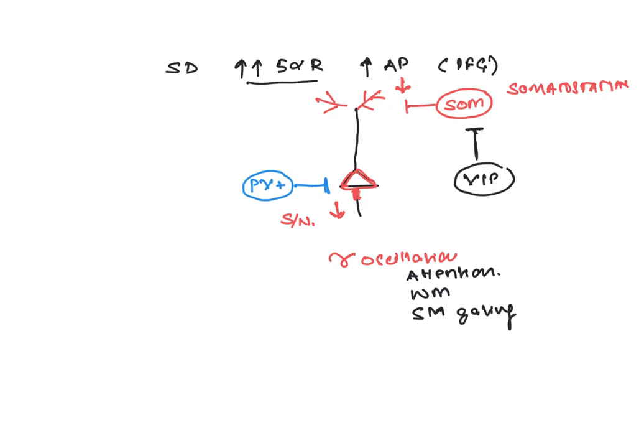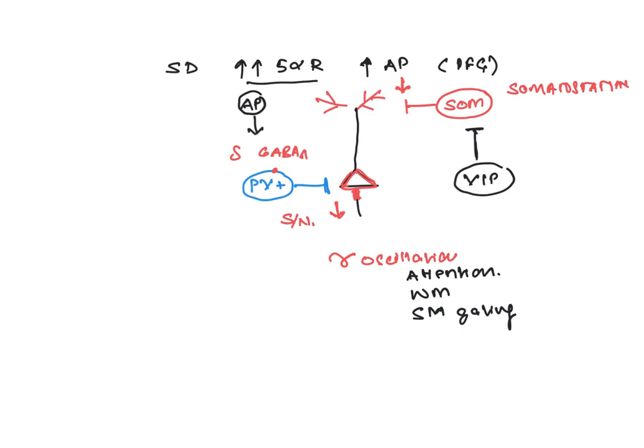Now, when we're talking about allopregnanolone, as we know, allopregnanolone is a positive allosteric modulator at the GABA A receptor, especially the delta subunits, right? And the parvalbumin positive GABA interneurons are rich in the GABA A receptor, which has the delta subunit. So when allopregnanolone is released, it acts on the delta subunit of the GABA A receptor.